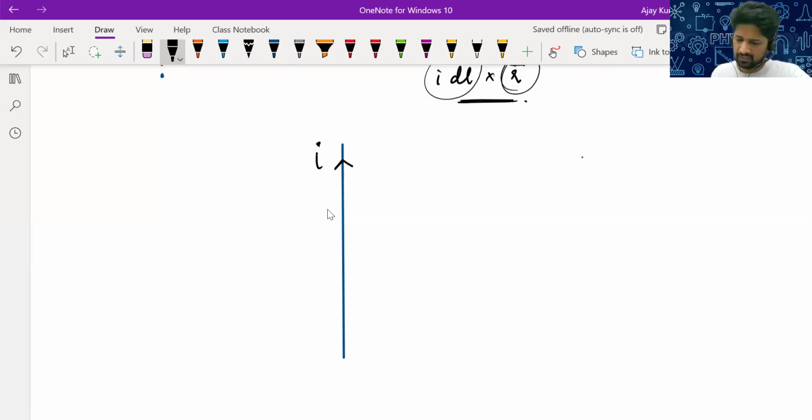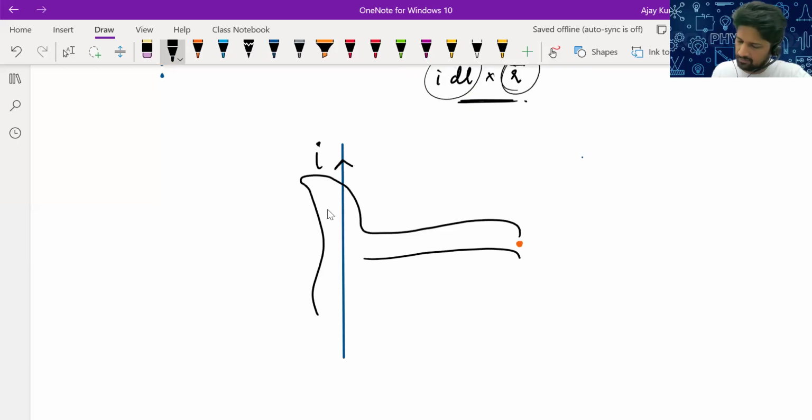Then the other way of finding magnetic field, let's say you want to find the direction of magnetic field at this point on the right side of the wire, is to place your right hand thumb along the flow of current and extend your fingers towards the direction of that point where you want the magnetic field.